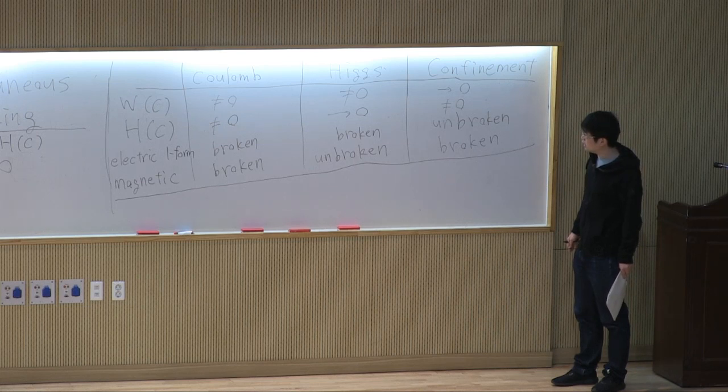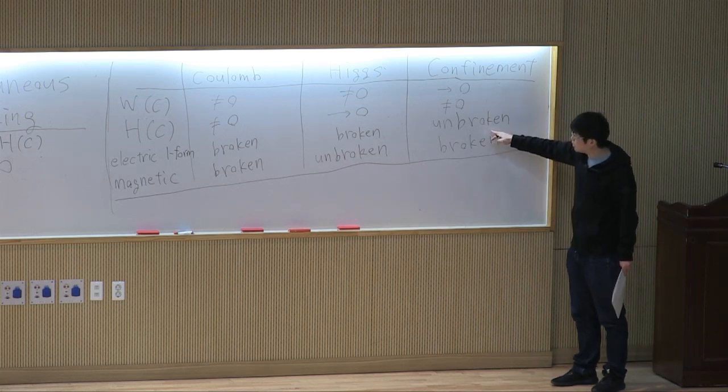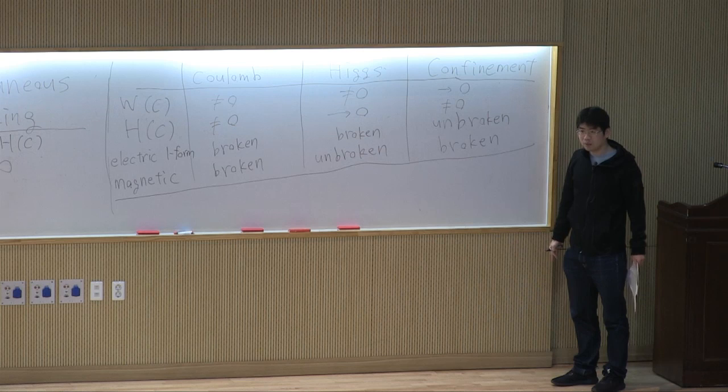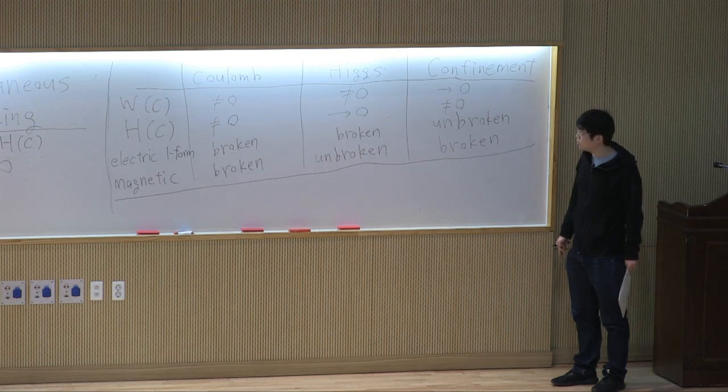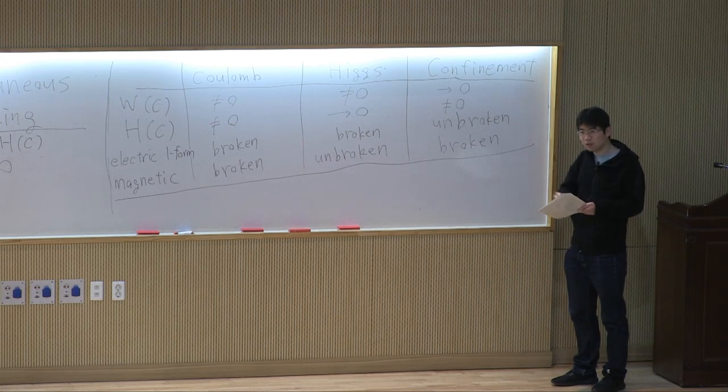And this is really important. For example, there are some theories in which electric or magnetic center symmetry does not exist. Then, in such a theory, we cannot distinguish the Higgs phase and the confinement phase. So if there is no electric symmetry or magnetic symmetry, then the Higgs phase and confinement phase can be smoothly connected without any phase transition.